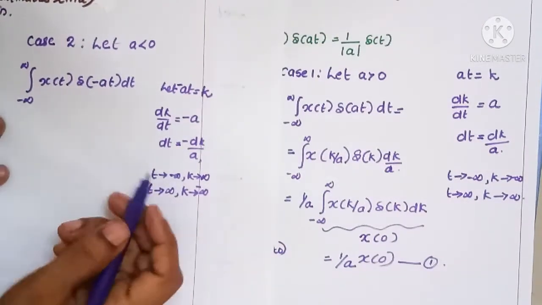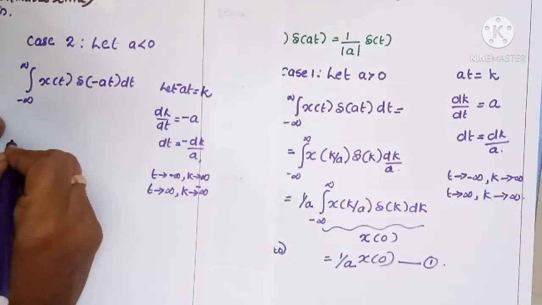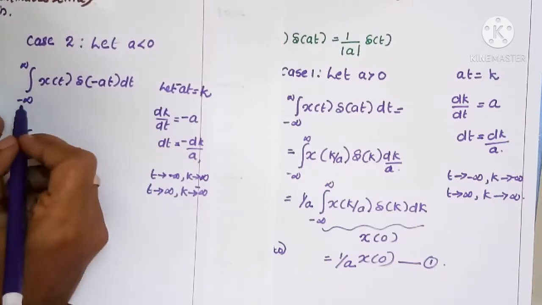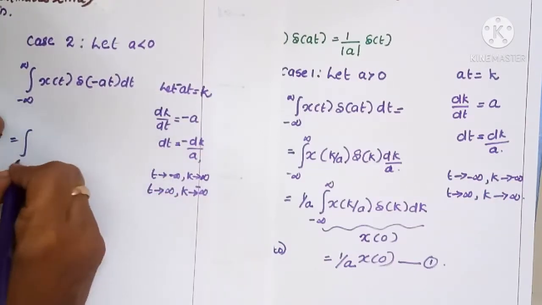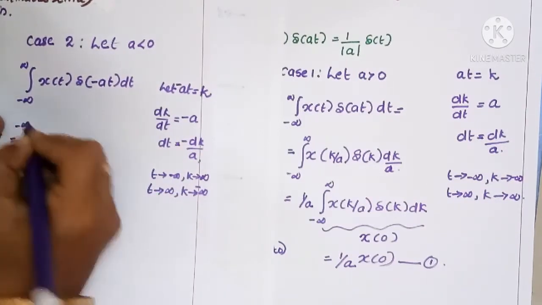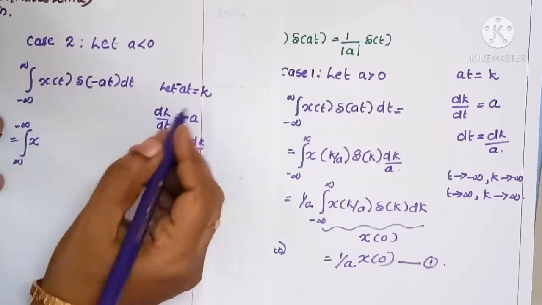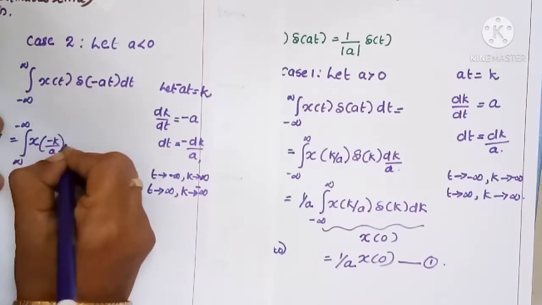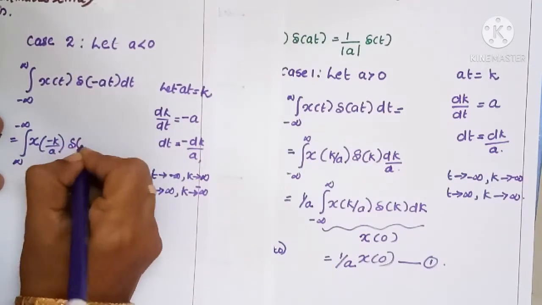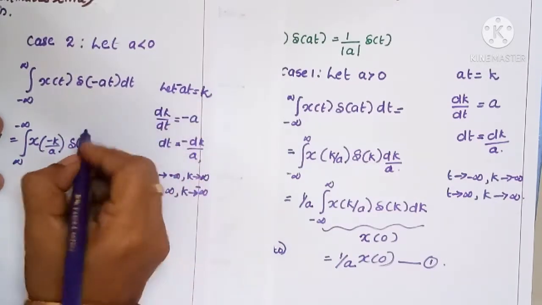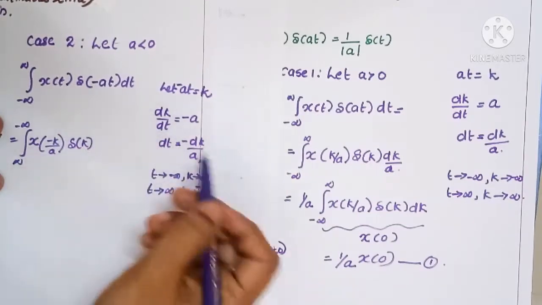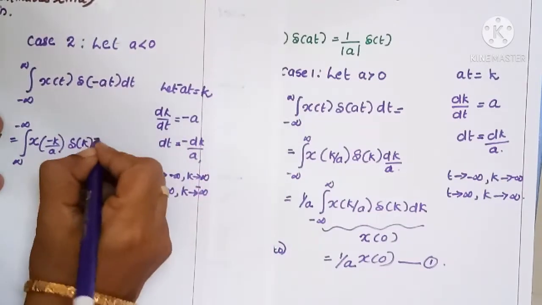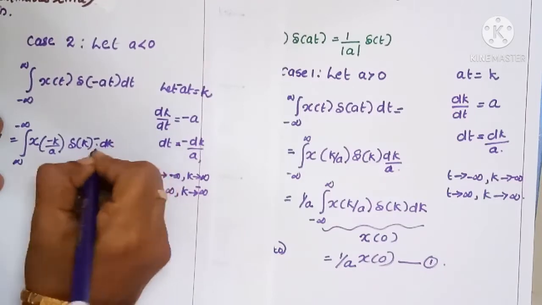So apply this into this equation. It equals the integral from infinity to minus infinity instead of minus infinity to infinity, x of minus k by a into del of k, and instead of dt we write minus dk by a.